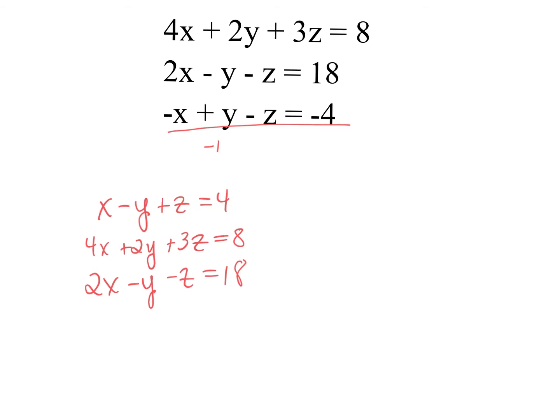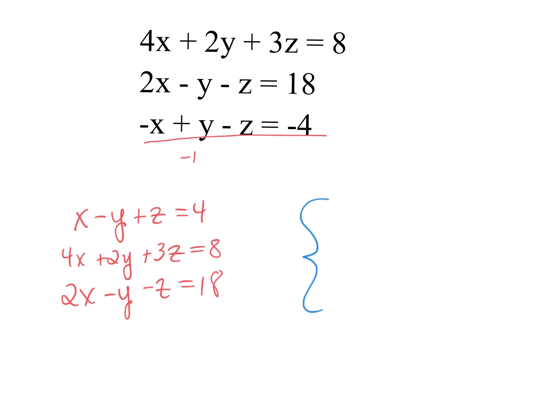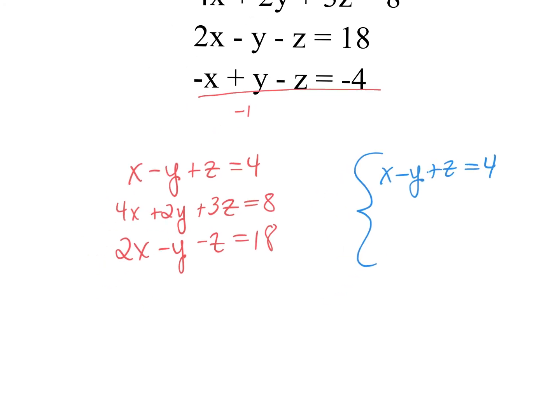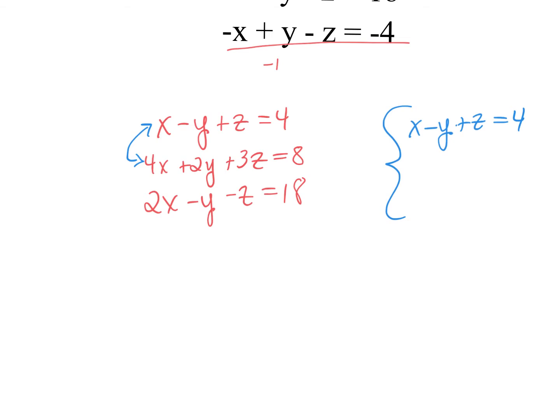All right, so I'm going to go over here. I'm going to create my first equation. We're going to have a little bracket brace thing, and I'm going to write the x minus y plus z equals 4. So now my second equation should have just a y and a z. So we're going to take 1 and 2, and we're going to eliminate x's. So x minus y plus z equals 4. 4x plus 2y plus 3z equals 8.